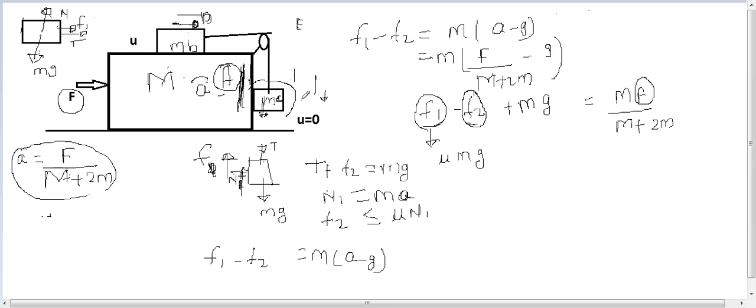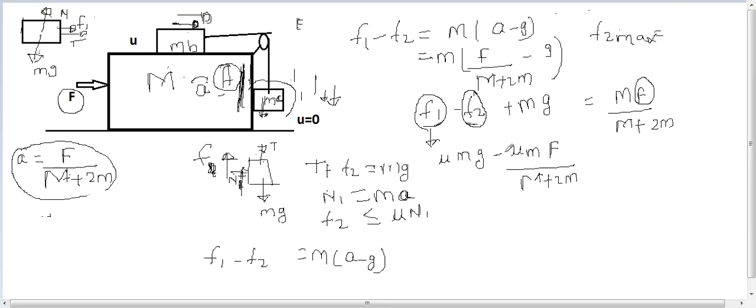I had taken this, so the friction force will be negative, so minus mu mF divided by M plus 2m, because F2 is equal to F maximum. Sorry, F maximum is equal to, what will happen?